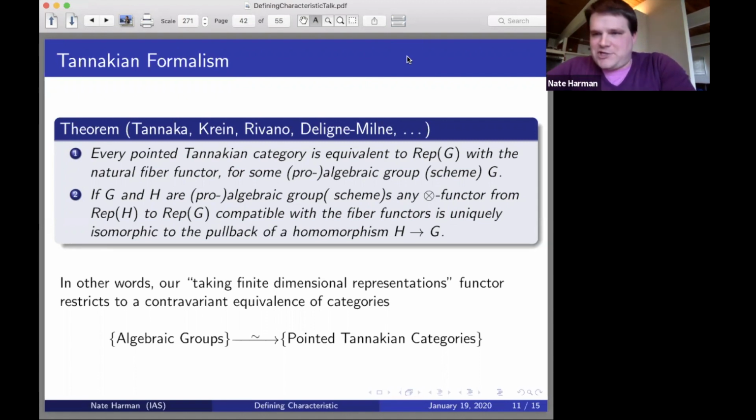Where again, for algebraic groups I should really say pro-algebraic group schemes, but I'll just think of it as the category of algebraic groups. Great, so this is a categorical formulation of Tannakian formalism: groups and categories of representations are contravariantly equivalent.